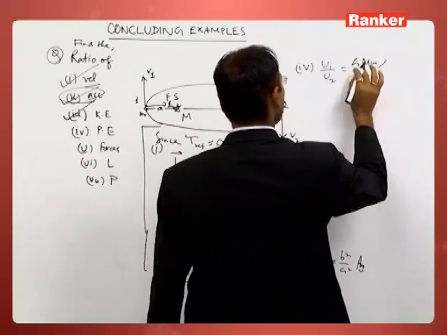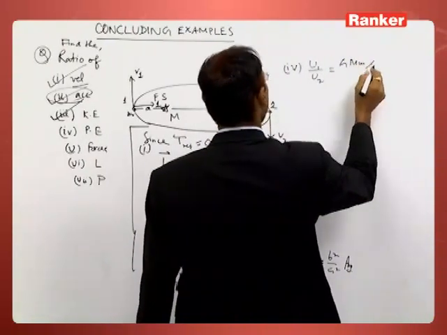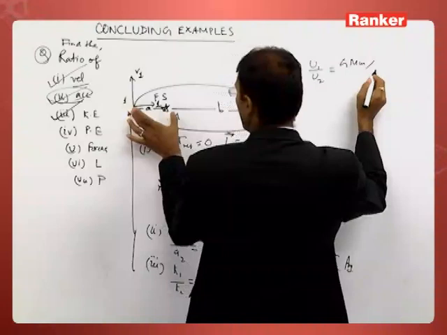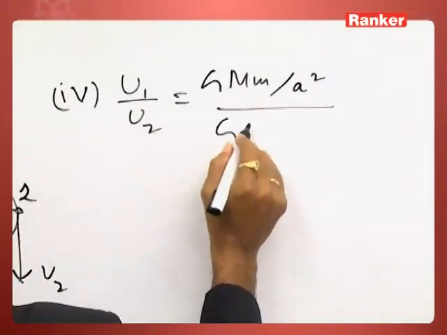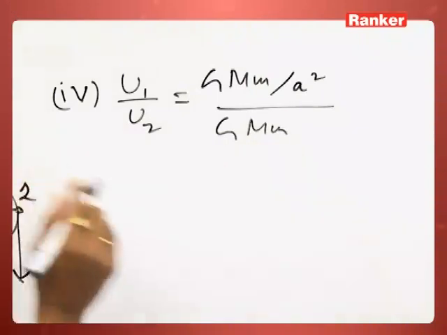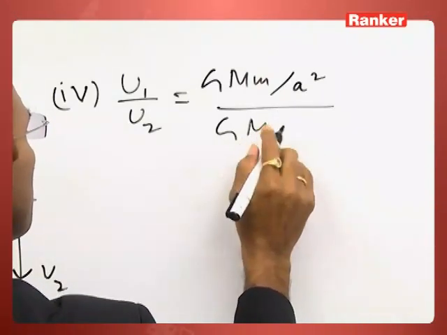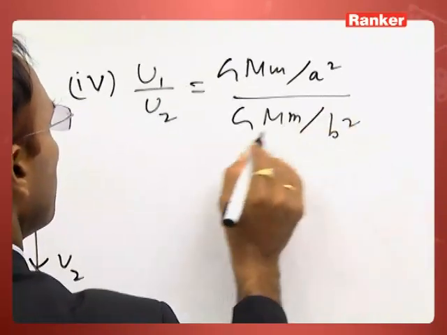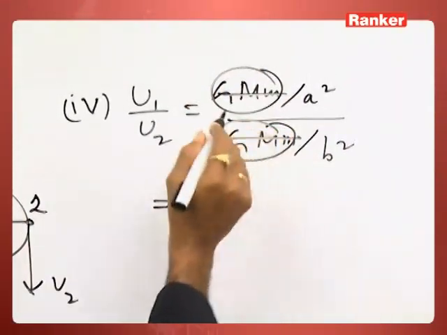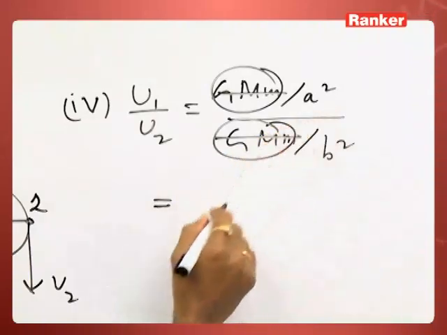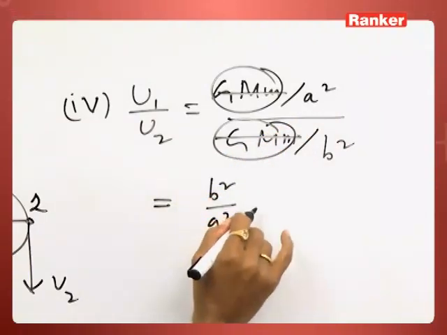Here m1 m2 is small m into capital M and r is for this position a, and here for this position the r is b. In this way, if you get cancelled, this numerator term G small m into capital M, you are getting b square upon a square. Answer.